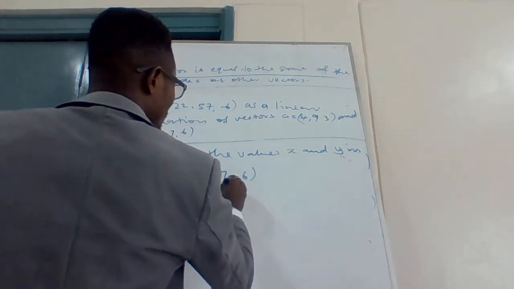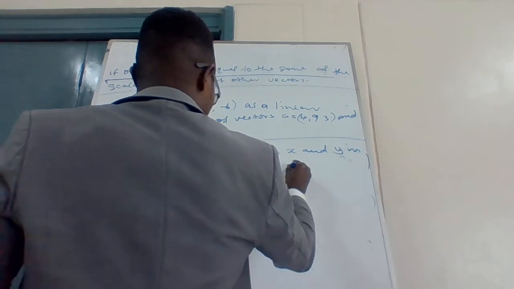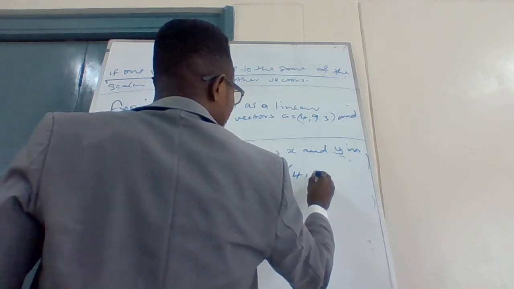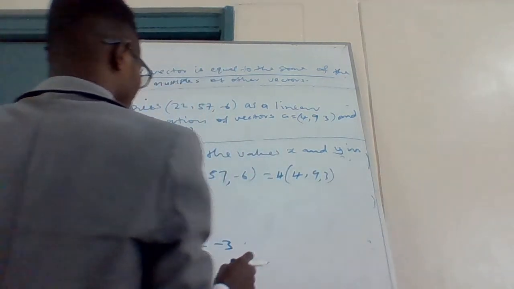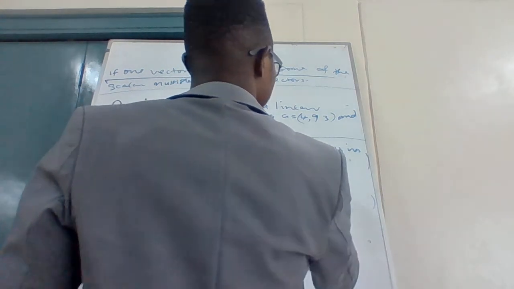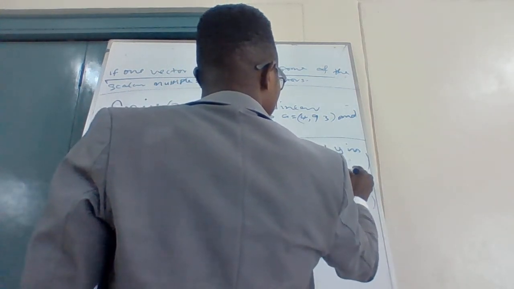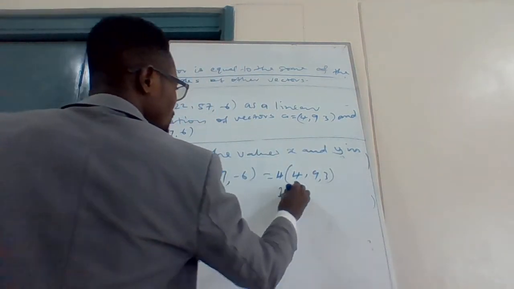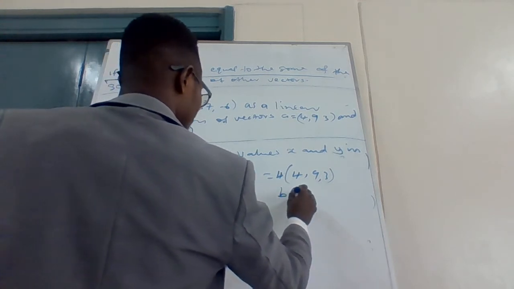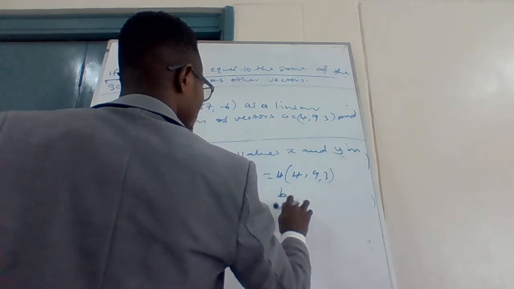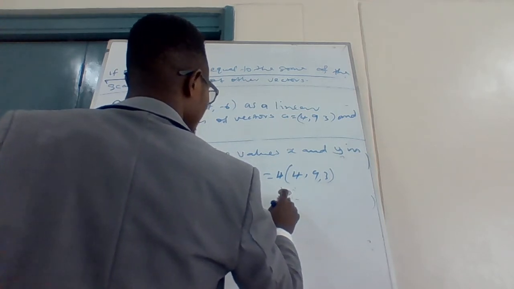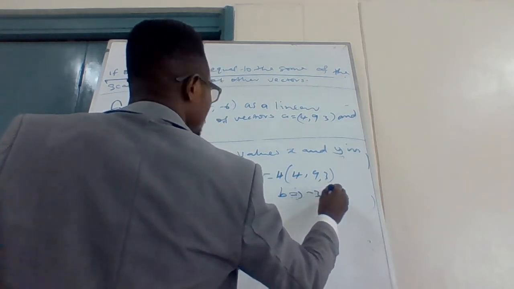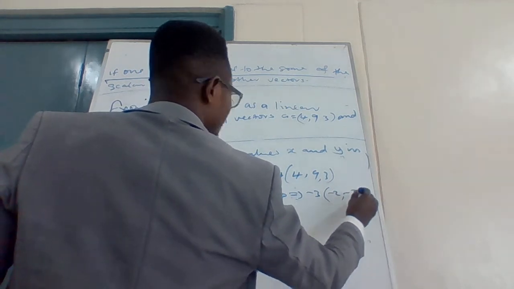So this will be equal to 4 times A, which is 4, 9, and 3, and for B, we have negative 3 times negative 2, negative 7, and 6.